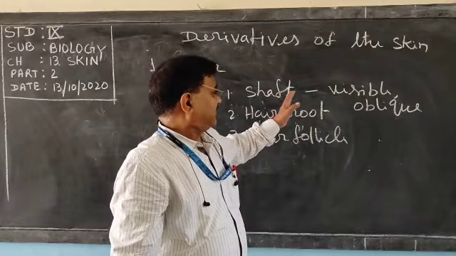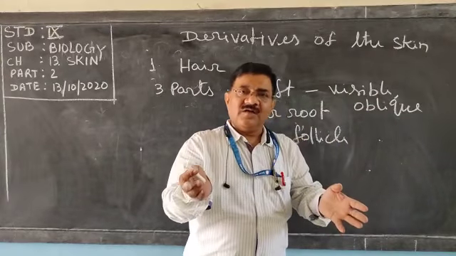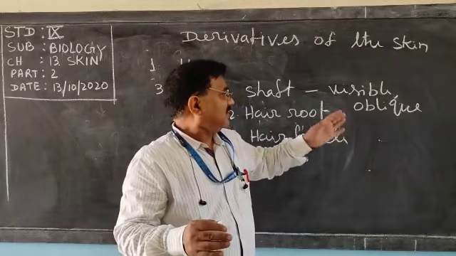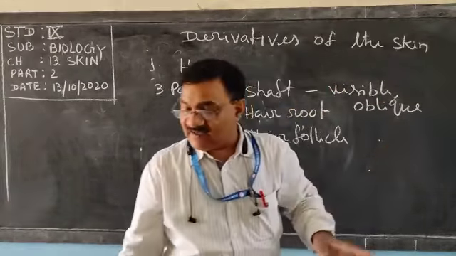So the shaft visible on the body in normal condition is oblique.